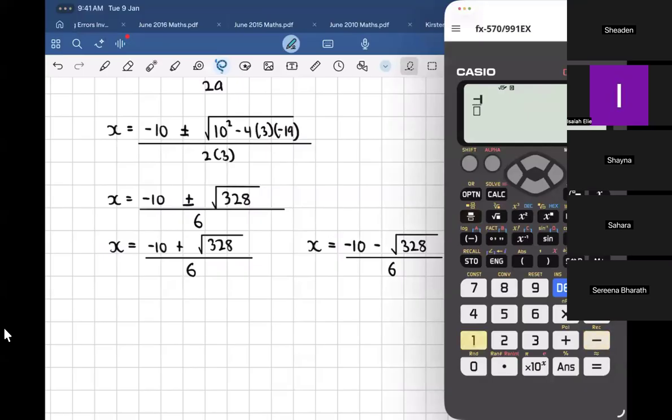So minus 10 plus root 328 all over 6. Are you all getting 1.35? Is anybody getting 1.35?